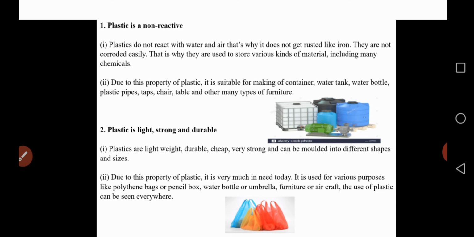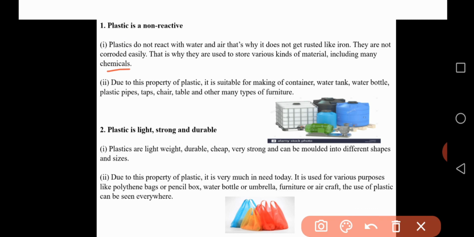Plastics are also not corroded easily. Because of this reason we use plastics to store various kinds of materials, including chemicals.